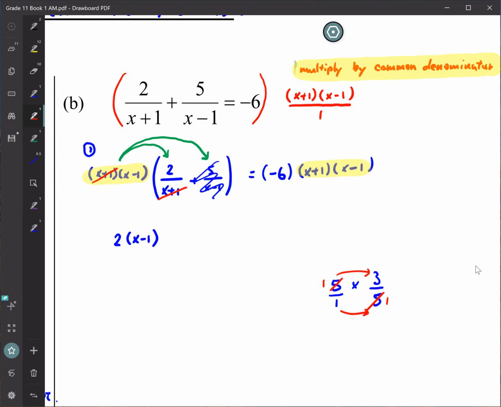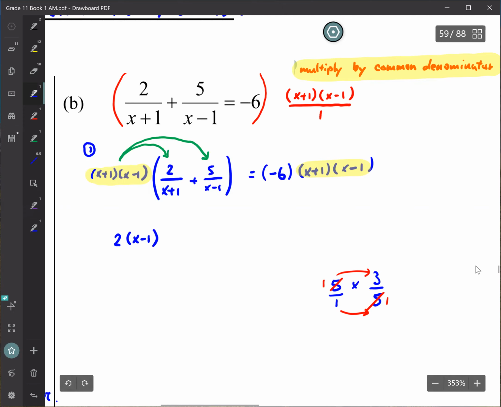Got it? Yeah. Okay, so my question right now is, can you tell me what happened when you do the same thing to the second fraction? Yeah, so you do like 5 and then x minus 1.